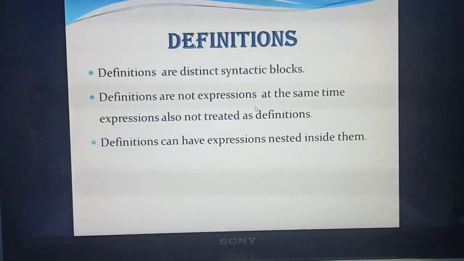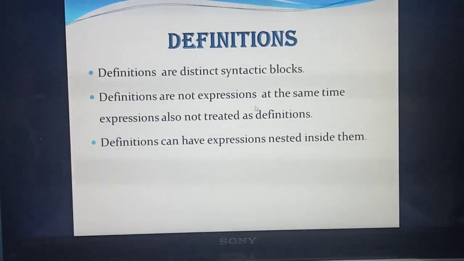For example, you are giving just the value 24. Will you say that the value 24 is bind to a variable? No. Simply if you give the value 24, what can you say? The value is 24. But at the same time, if you give a colon equal to 24, what can you say? The value 24 is bind to the variable name a.